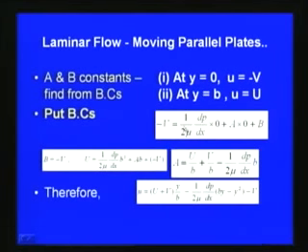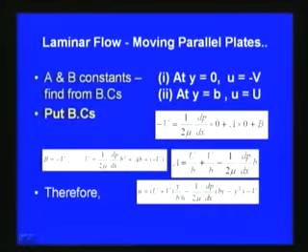Finally, minus V is equal to 1 by 2 mu dp by dx into 0 for the first boundary condition, plus A into 0 plus B. So, we get B is equal to minus V, and then if we substitute for y equal to b, u equal to U, we get U is equal to 1 by 2 mu dp by dx b square plus Ab plus minus V, and finally we get the constant A is equal to U by b plus V by b minus 1 by 2 mu dp by dx into b.